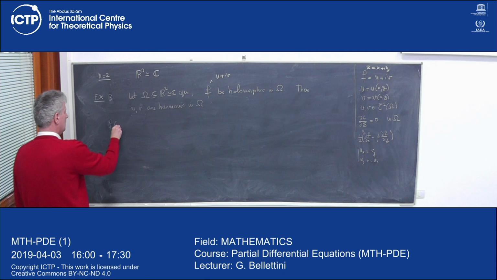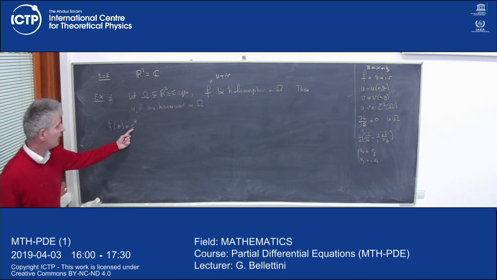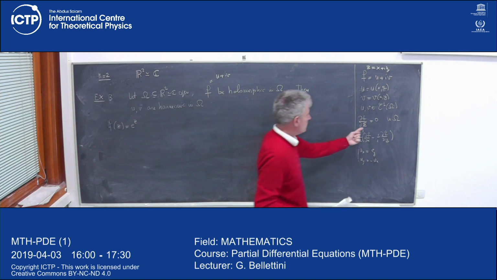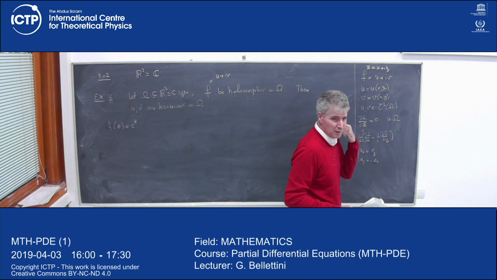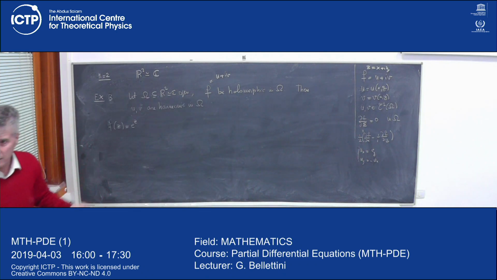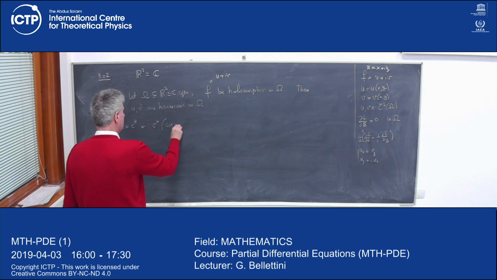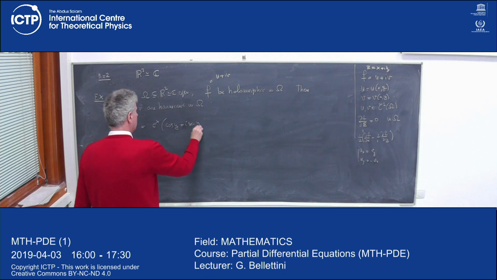Take f of z equal e to the z, which is an entire holomorphic function in C. So I can write it as e to the x times cos y plus i sin y.